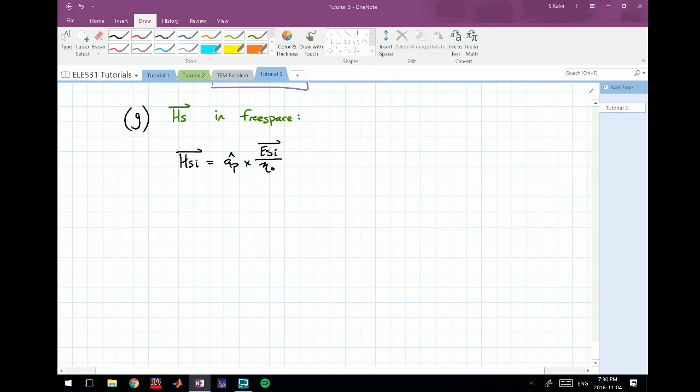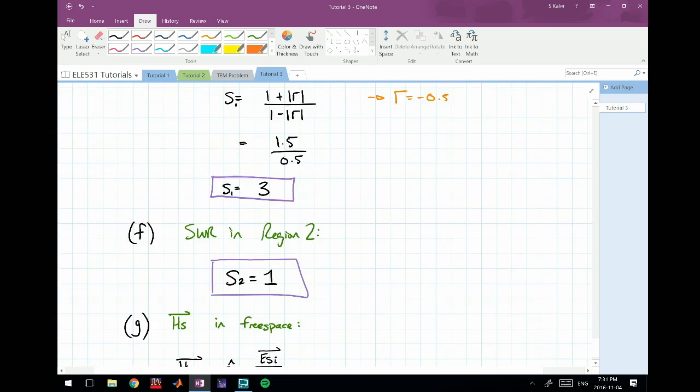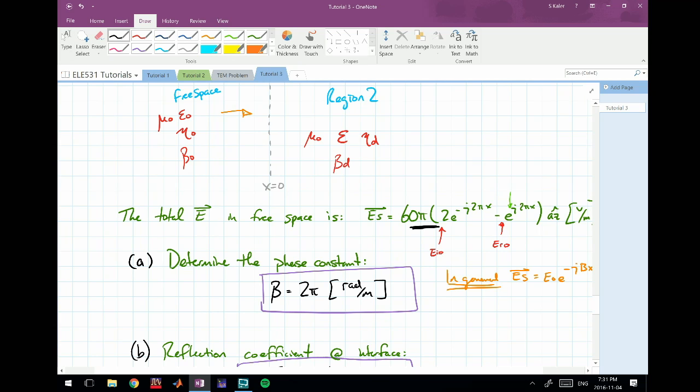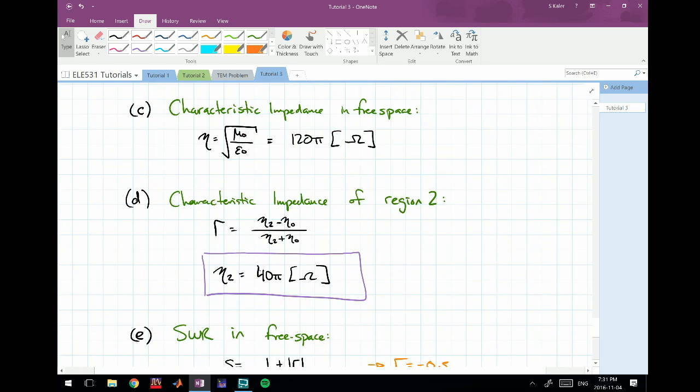So AP is going to be AX cross ESI. ESI is 120 pi e to the minus j2 pi x, and this whole thing is divided by eta naught, which is 120 pi, in the AZ direction. The 60 pi is factored out; this is incident, and for the reflected it will be 60 pi.